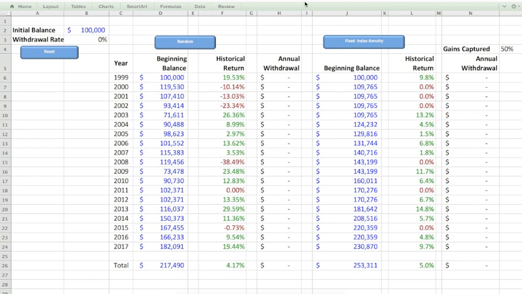So I tell my prospect that the way this strategy works is when the market index goes up, you're going to make gains based on the market going up. When the market index goes down, you're not going to have any losses. Now, by default, the percentage of gains captured is 50%. You can change this if you like. I always leave it at 50% for a couple of reasons.